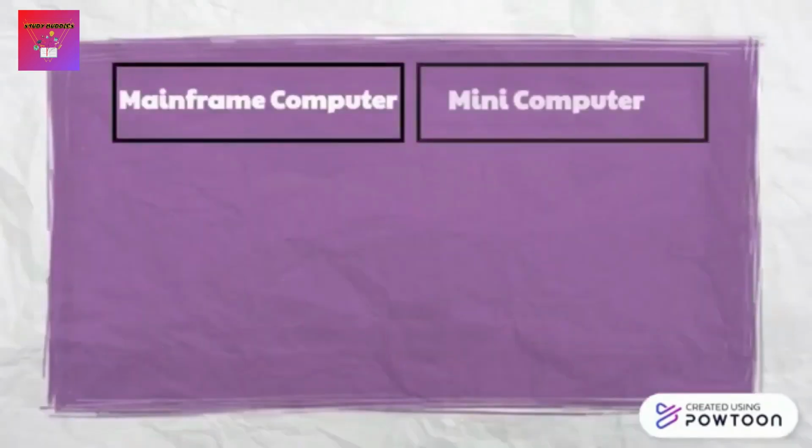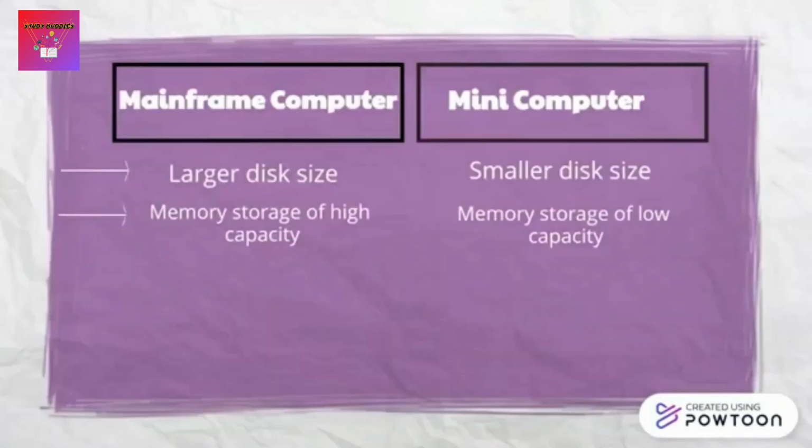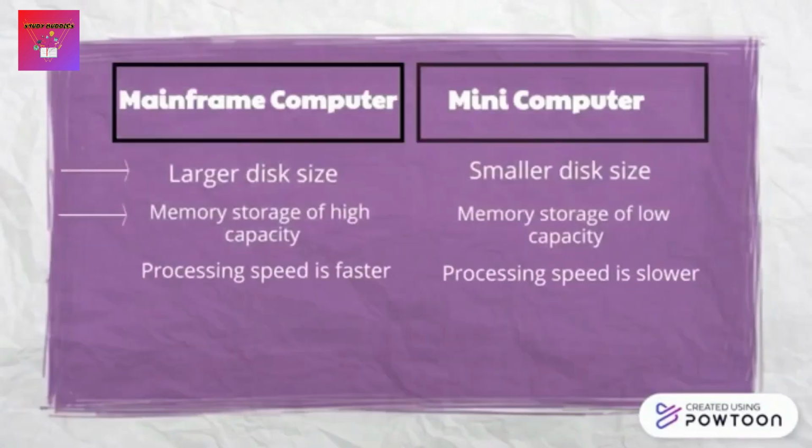The differences between mainframe computer and mini-computer are: firstly, mainframe computer has a larger disk size, meanwhile mini-computer has a smaller disk size. Secondly, mainframe computer has memory storage of high capacity, while mini-computer has memory storage of low capacity. Thirdly, mainframe computer processing speed is faster.